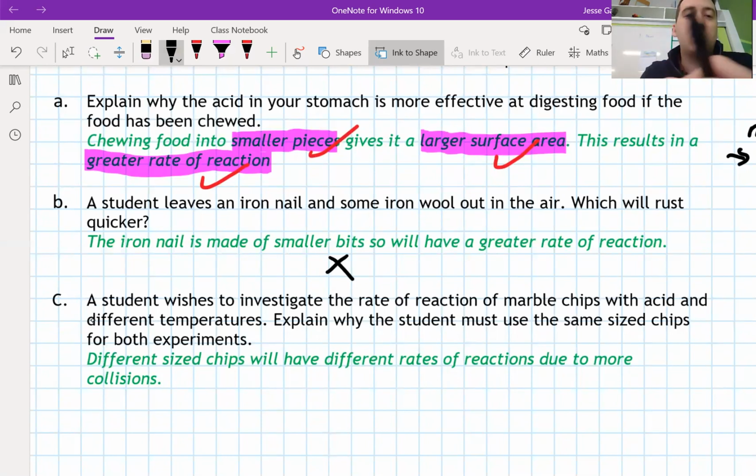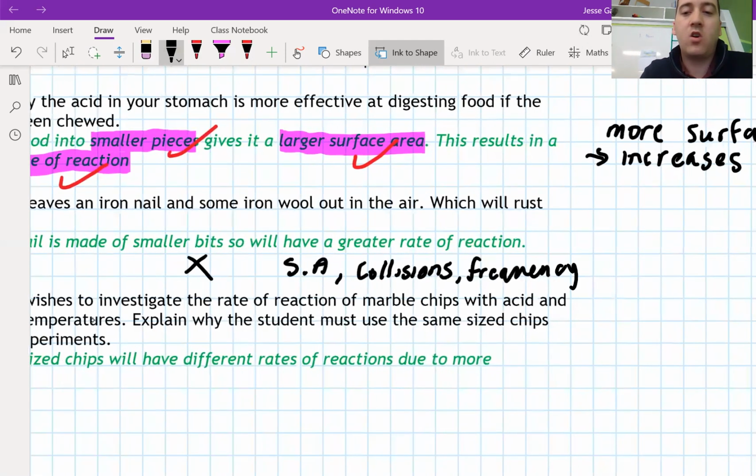They also have not referenced anything about surface area or collisions. So there's nothing about surface area, collisions, frequency of collisions. These can all be added here.